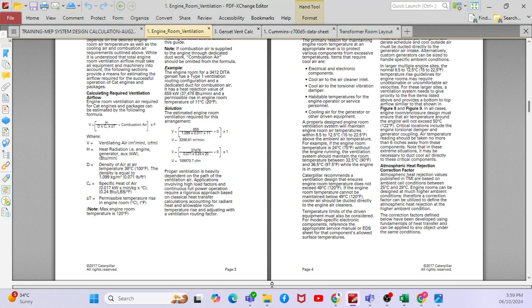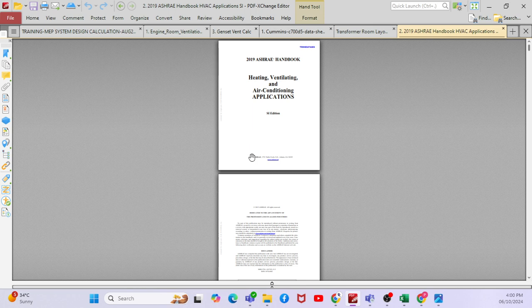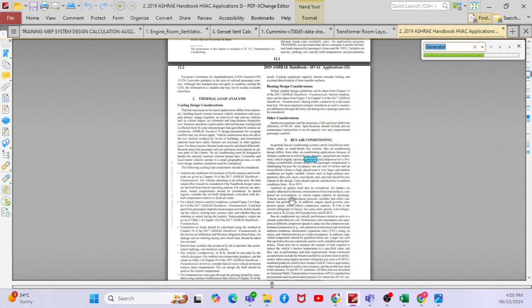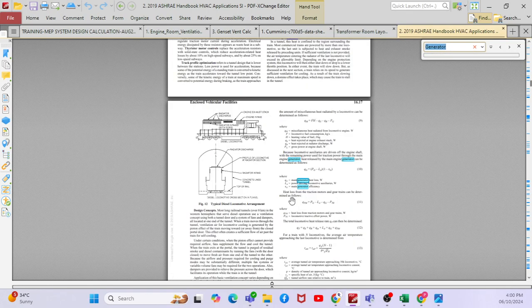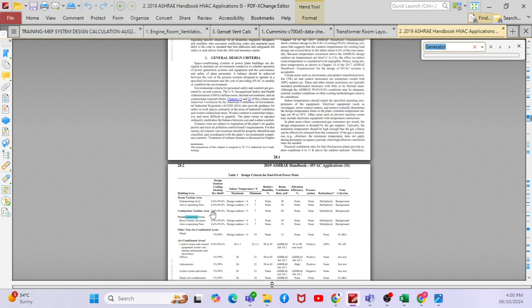If you go to one of the chapters, let me open the guideline. You can see the temperature.